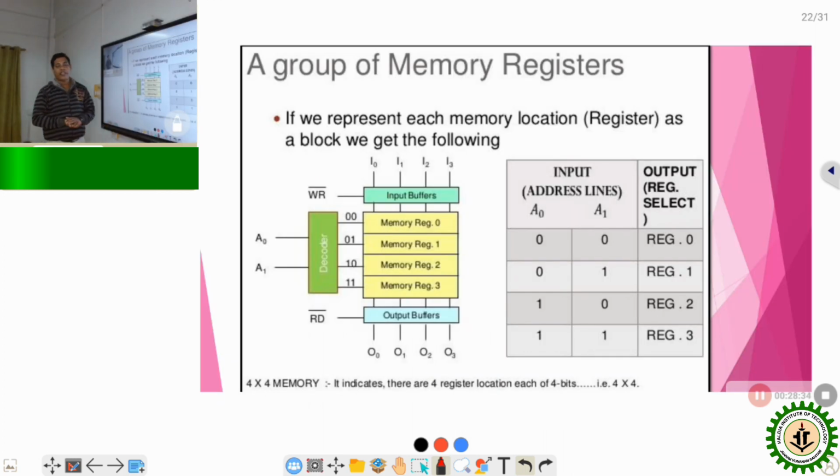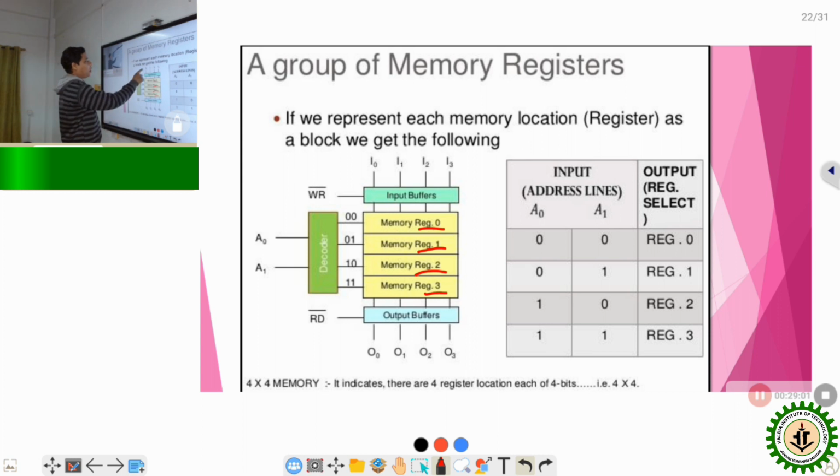So once we get a 4-bit register, multiple 4-bit registers can be combined to form a complete memory. In the next picture, only 4 registers are combined together, known as register 0, register 1, register 2 and register 3.